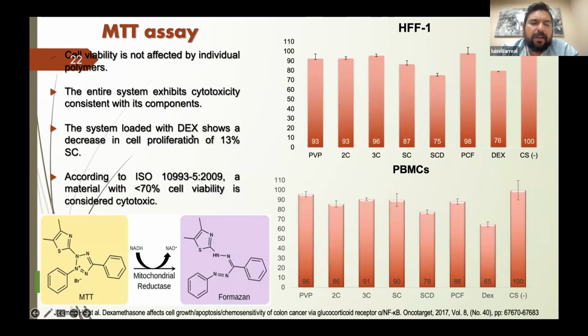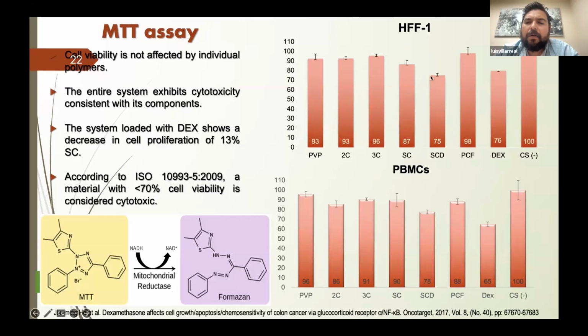If we look at ISO 10993-5, we see that if you have more than 70% proliferation, these values being proliferation percentages, the cytotoxicity is fine and tolerable.